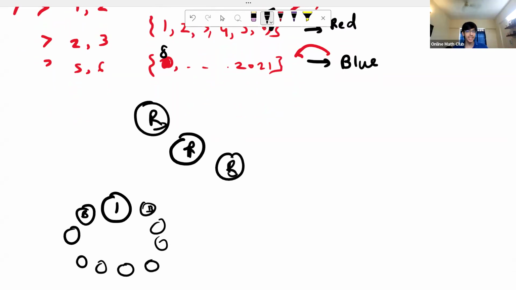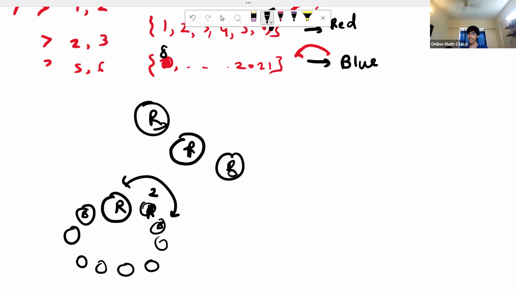And now after this, this is red. So if 2 was over here, now 2 will become red, but then 2 will have one red neighbor and one blue neighbor, because this number is by definition blue. Basically, initially everything is blue and slowly some numbers are becoming red.